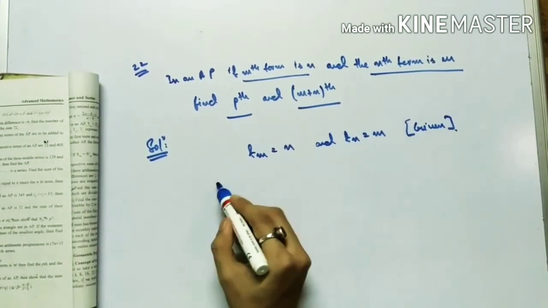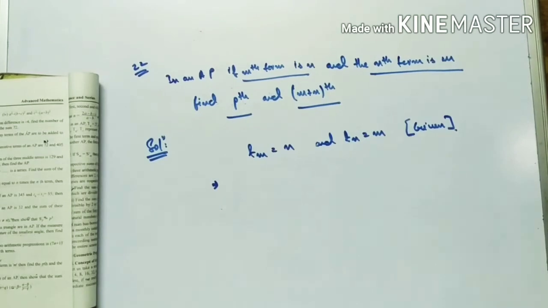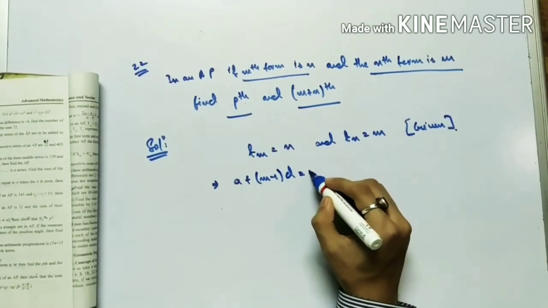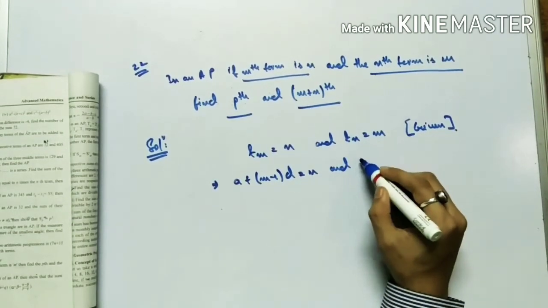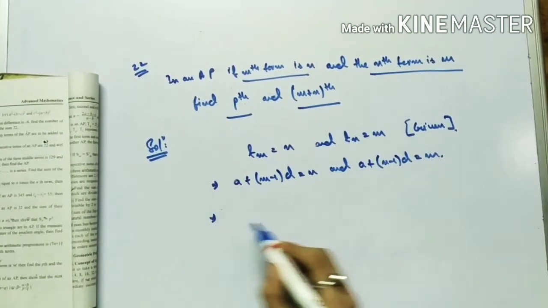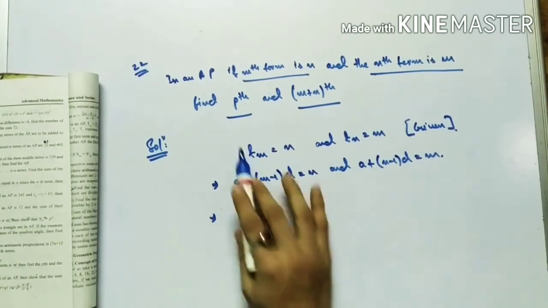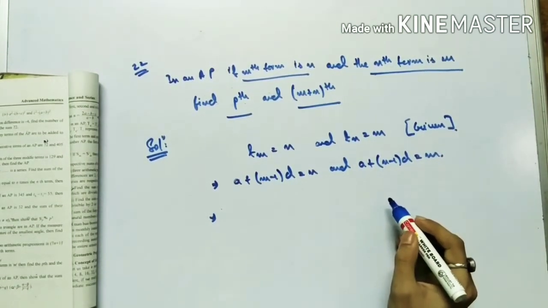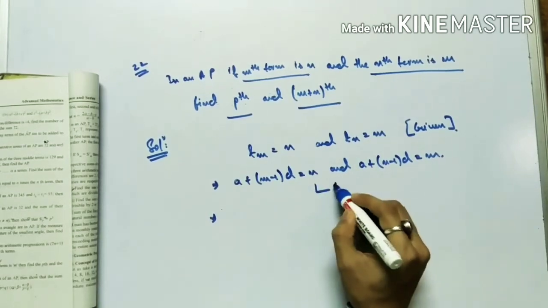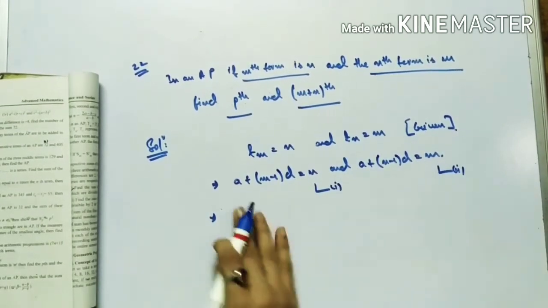Now Tm, if I write it in formula, a plus (m minus 1)d is equal to n. The nth term, which is a plus (n minus 1)d, is equal to m. I have to find the pth term and the (m plus n)th term. So now in here you see, this is our equation 1 and this is our equation 2.